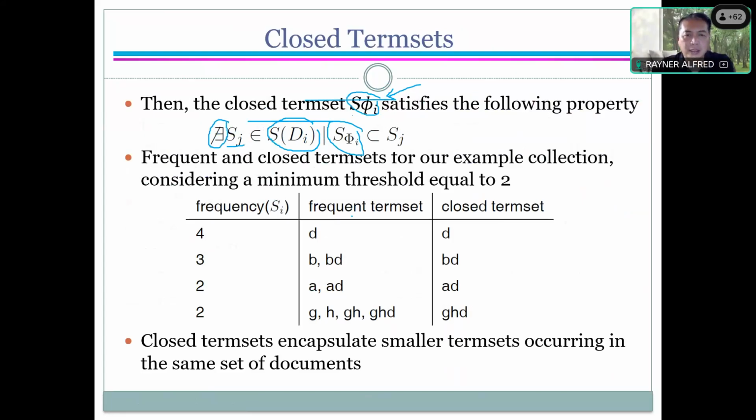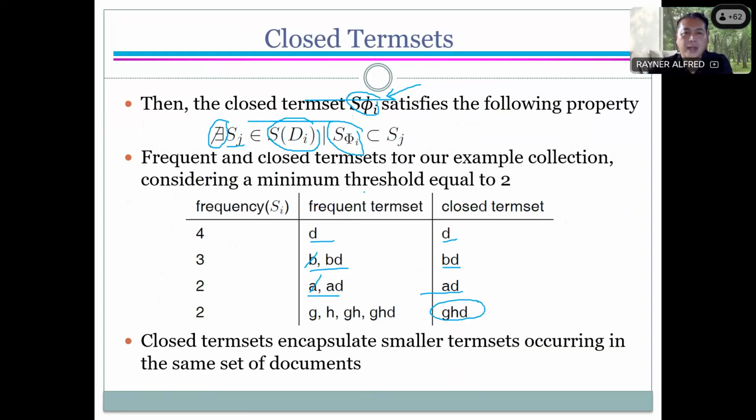Okay, for example, like this, this is single, okay, this is okay. But if we have BD, that means we don't need to consider this because this is a subset of BD, so we only consider BD. And this one also, we don't consider A because this is part of AD, so the closed term set is AD, and then for GH and GHT, we only take the big one.